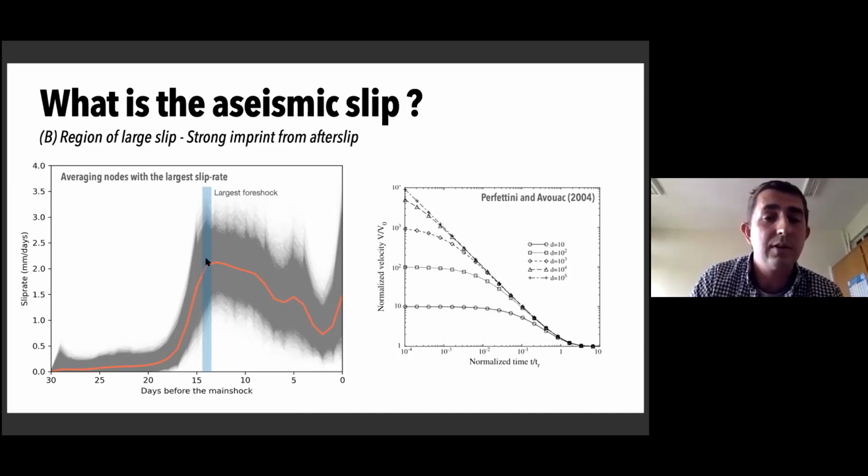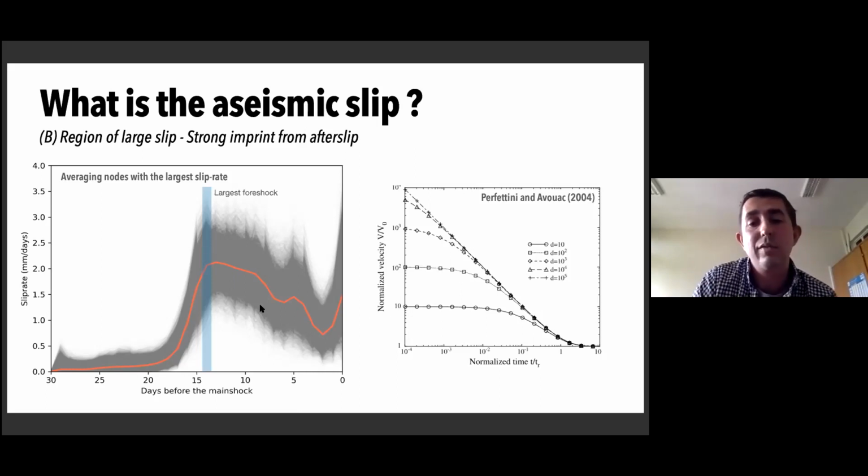So you have a very sudden increase of slip rate because of the foreshocks, and then a rather long-term decay of that slip rate. And this is kind of characteristic of what we observe from afterslip, in which when you have a perturbation, you increase the slip rate at some point, and then it decays until it goes back to plate velocity.